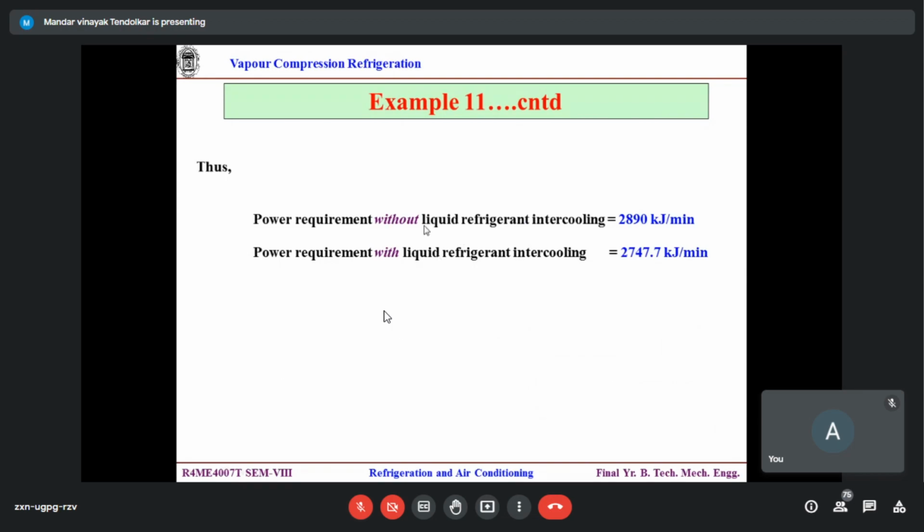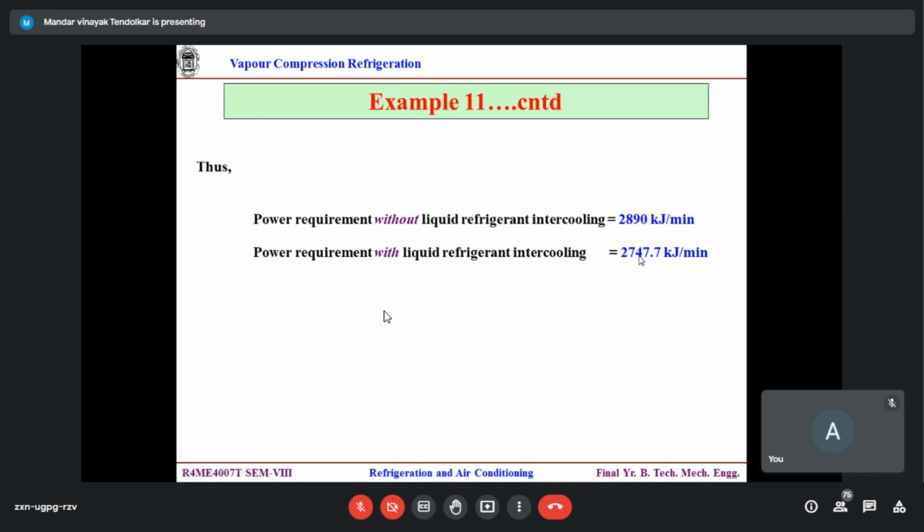So without any intercooling, your power requirement is 289, and with intercooling, means flash intercooler, I'm not talking about the compressor part, flash intercooler, then you save around 140 kilojoule per minute, correct? 890 and let's say 750.